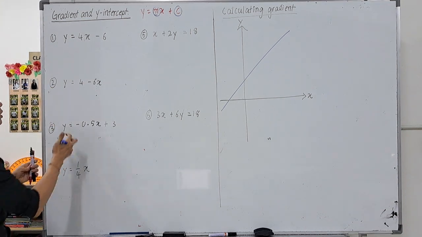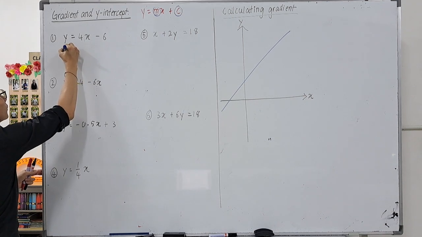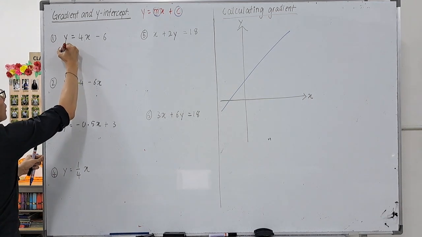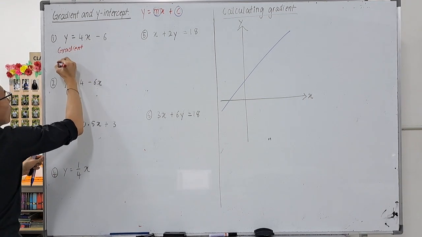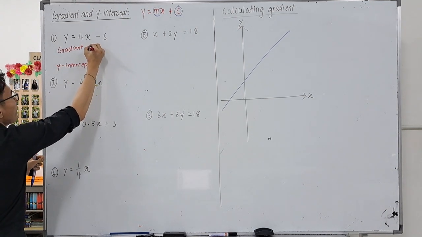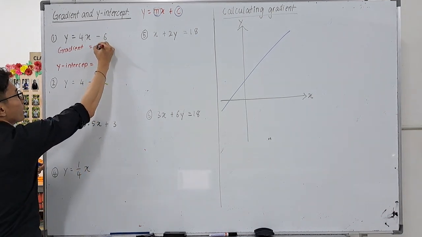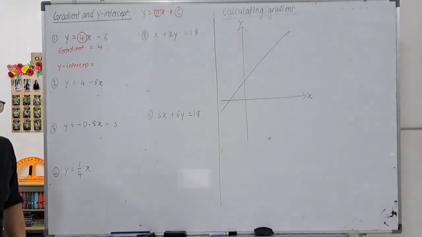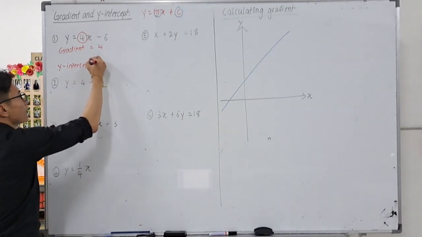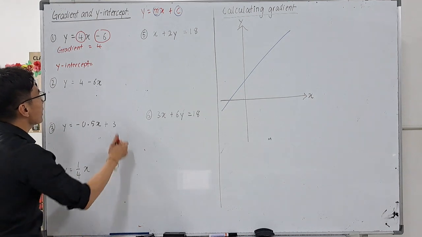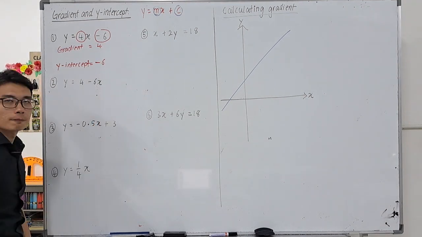If I'm interested in finding the gradient and the y-intercept, the gradient is going to be 4 in this case, because any value behind the x is the gradient, and the y-intercept is this value. Do not forget the negative sign, so that's going to be negative 6. I'm done. Very simple.